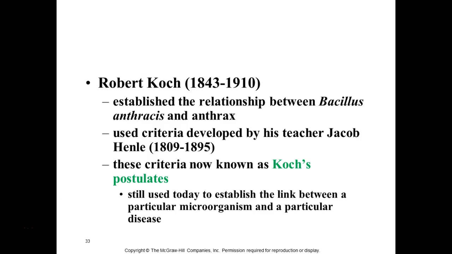They're still used today to establish the link between a particular microorganism and a particular disease. But even he, as he was going through this, realized that some of the criteria would have limitations. That not all the criteria could be satisfied for all diseases.